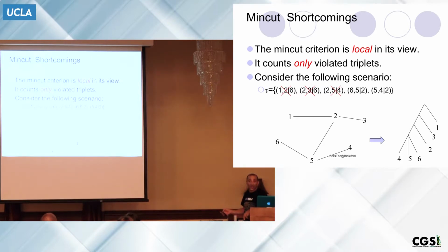The min cut is local. Why is it local? It counts only violated triplets. This is the first motivation or incentive, but when I say local, it doesn't look at the entire picture.